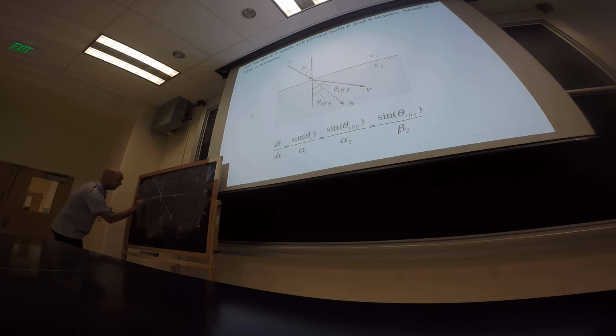Well, if Vp2 is approximately 2 times Vs2, then the P head wave will travel along the interface. It will be 90 degrees. That's exactly the condition that we talked about before.